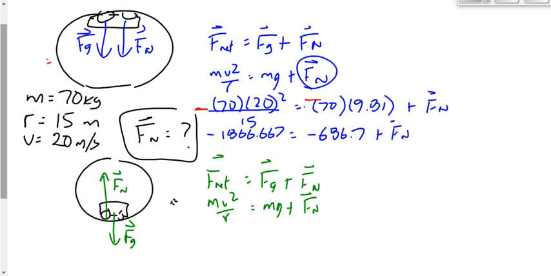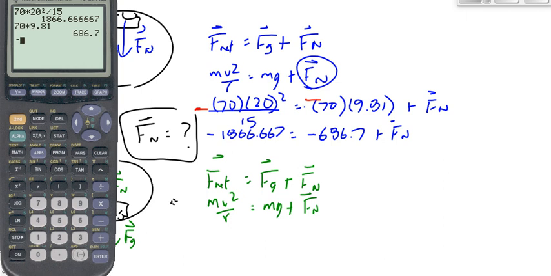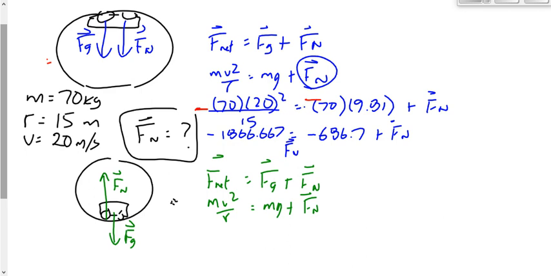Now we're going to take the 686 over to the other side by adding, because it's a negative value. So we get negative 1866.6667 plus 686.7 gives me a value of 1179. Fn is equal to negative 1179, which rounded to two digits actually gives me negative 1.2 times 10 to the 3 newtons. It's a negative value.